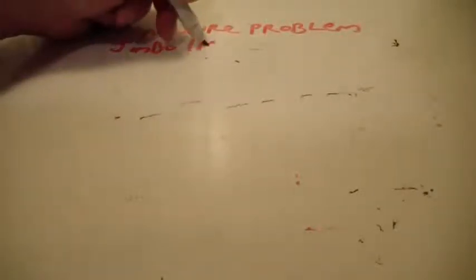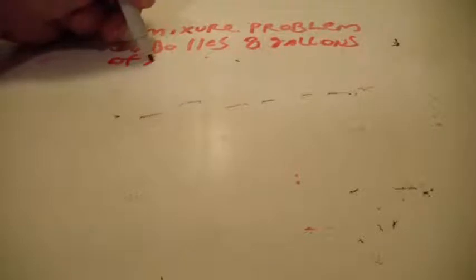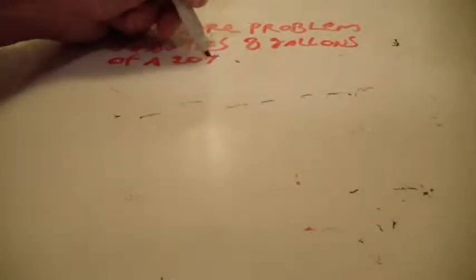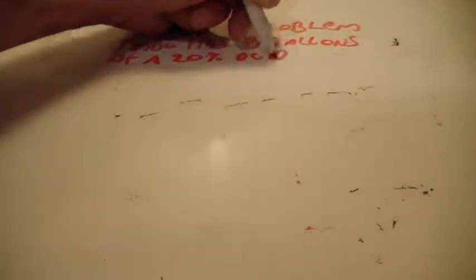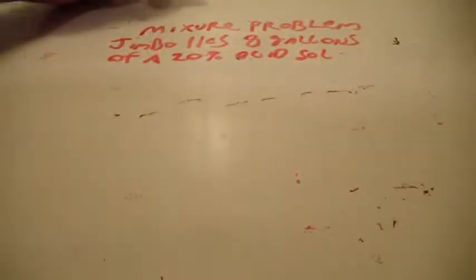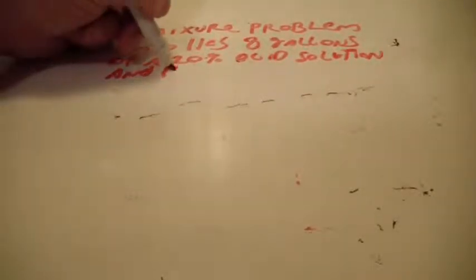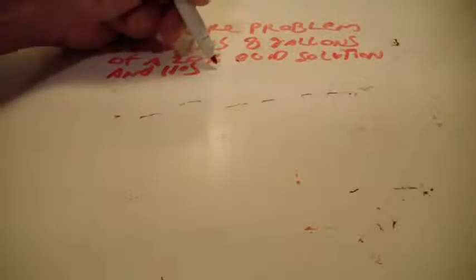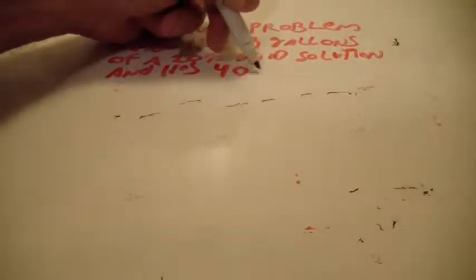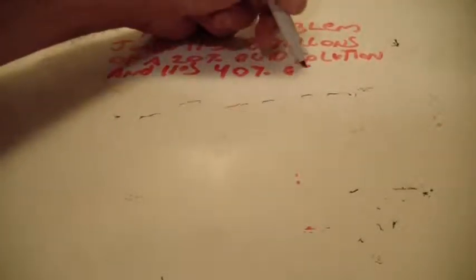Jimbo has 8 gallons of a 20% acid solution, and has 40% acid solution.